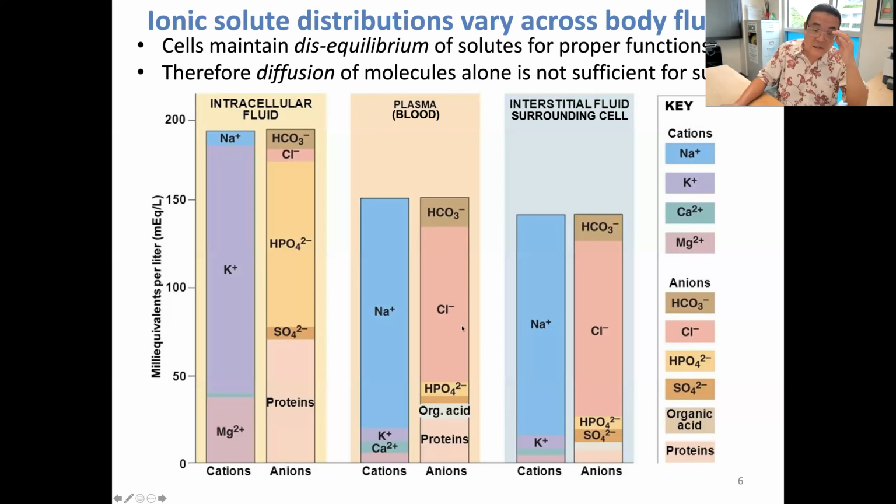But aside from proteins, look at these positively charged ions, things like potassium and sodium. Notice how inside of your cells you have a lot more potassium, in purple here, compared to sodium, contributing to the positive charges inside of your cell. Right on the other side of the membrane, on the outside, it's flipped. You have way more sodium ions than potassium ions in the interstitial fluid.